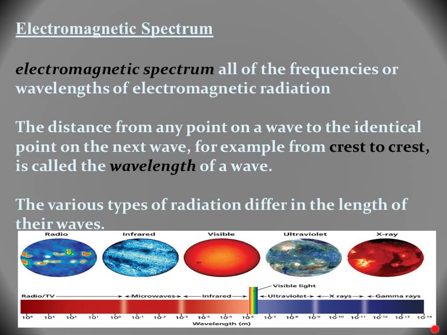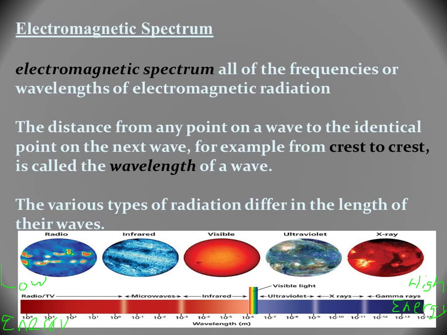Whereas over here, when we get into the gamma rays, they have really short wavelengths, and they have the most energy. So we'll write low energy over here, and high energy over there.